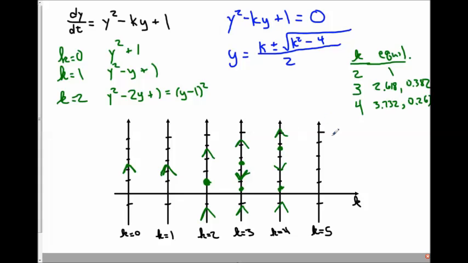You can check that for yourself. And then one more, 5. Again, two answers. You get 4.791 and 0.209. So almost the same points, just slightly lower here. And now here we're almost up at 5. We're like here. Okay. And again, up, down, up.